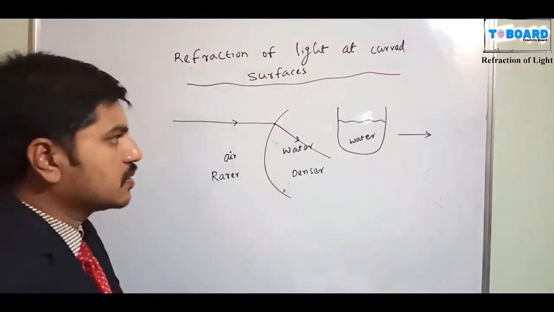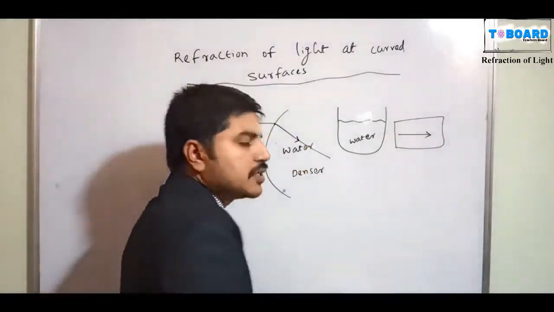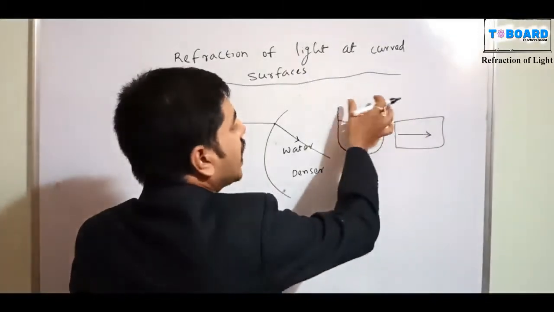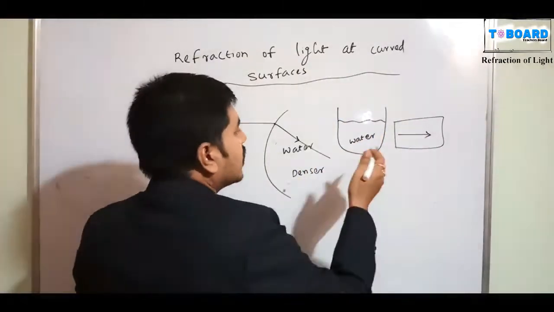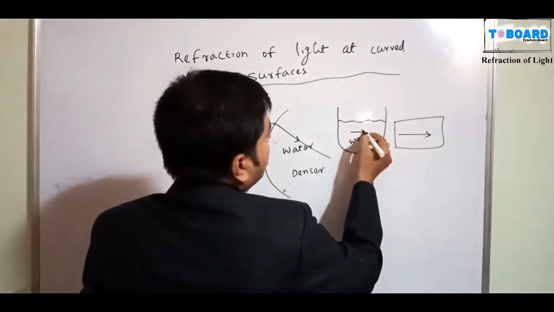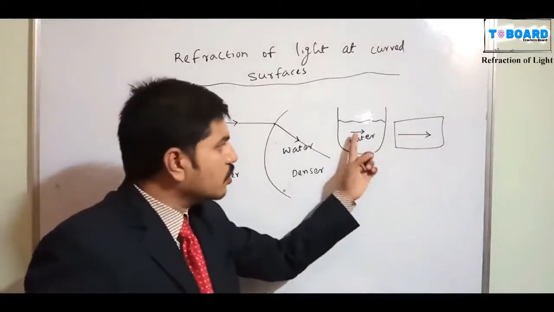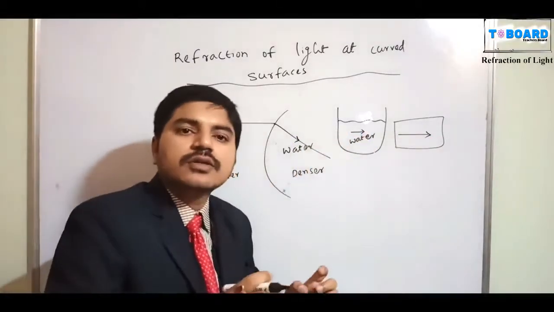Then I keep the paper like this, and bring this paper to the back of the transparent glass. You will see the arrows look like this, both are arrows. Once you observe, the bigger arrow now looks like a small arrow.